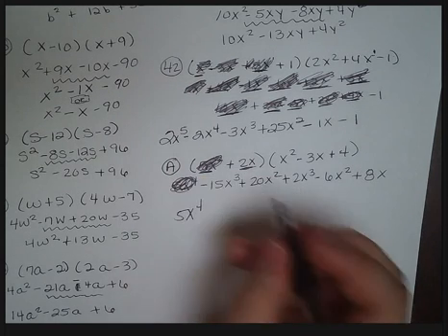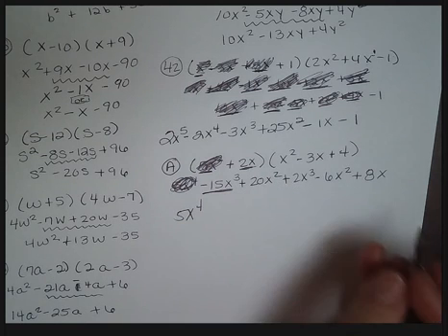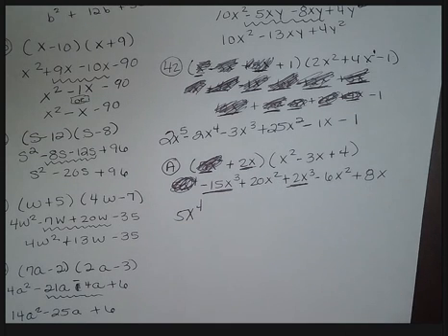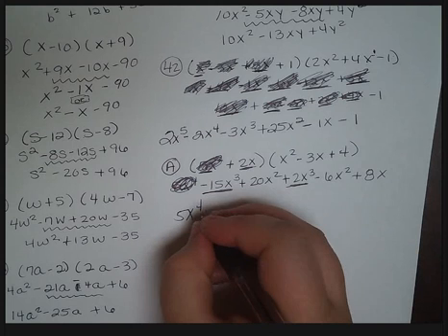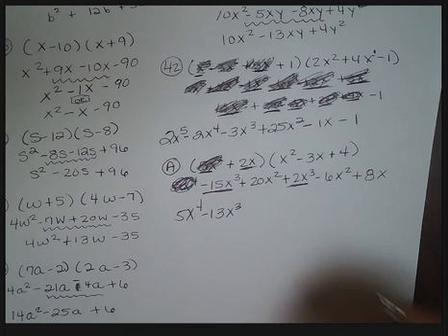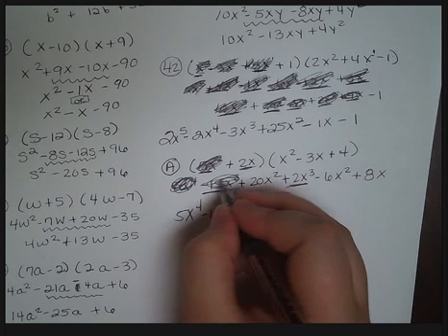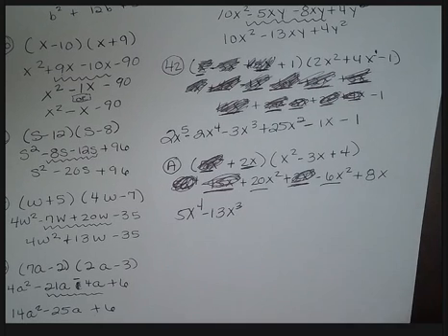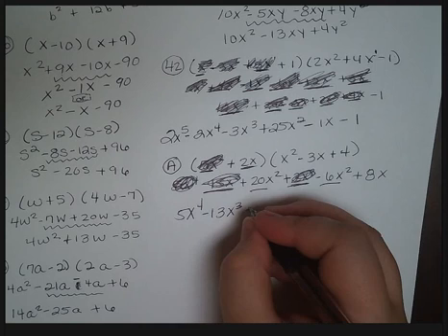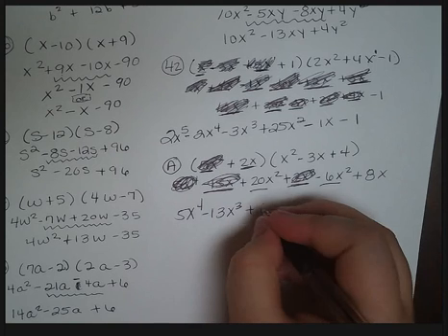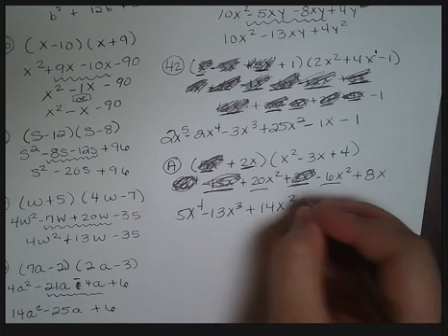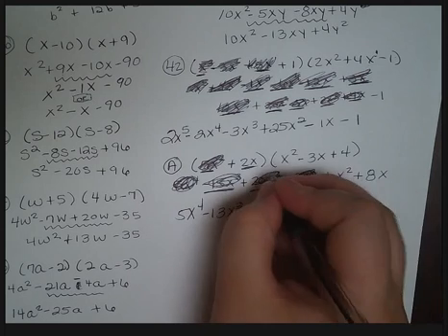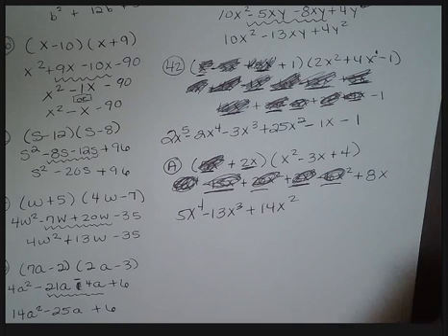And then we've got a negative 15x to the third and a 2x to the third. That's going to give me negative 13x to the third. 20x squared minus 6x squared is 14x squared. And then you bring down your 8x.